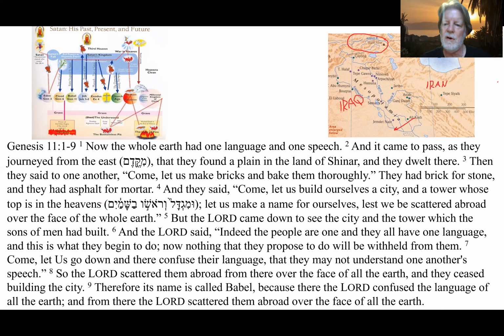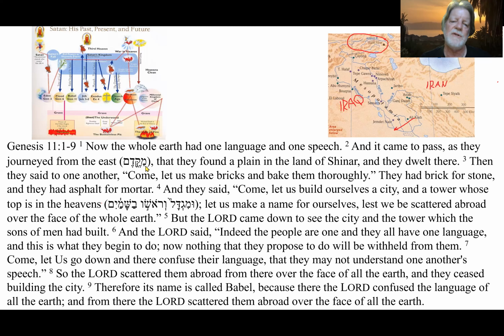So it says here, it came to pass as they journeyed from the east, they settled in Shinar. Well, it looks like it would be a southerly direction, maybe moving toward the east, not from the east.